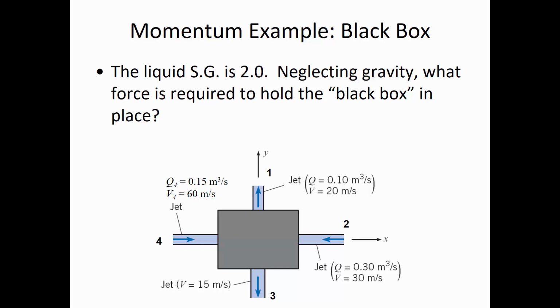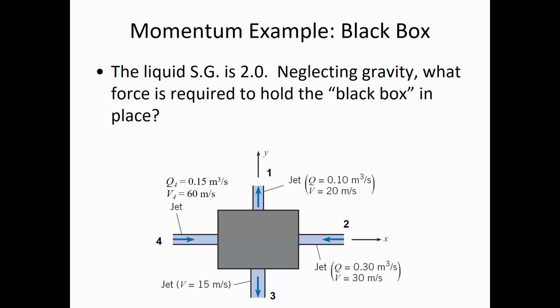We've got a black box that's changing these jets. There are 4 streams, 2 coming in, stream 2 and stream 4. Both of those fluid jets are coming in the X direction. And then there's a series of vanes and redirections, valves or whatever, that's sending the water out in the Y direction.